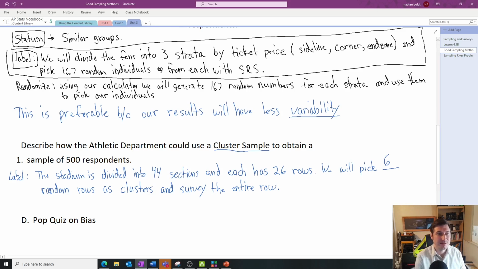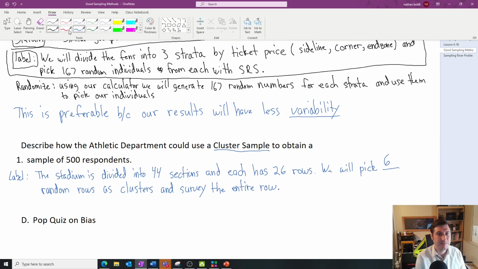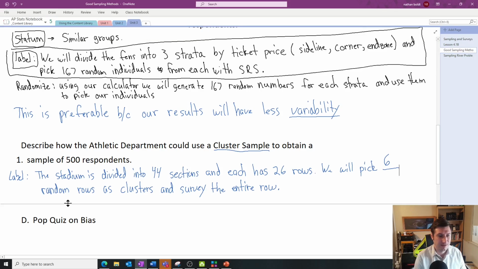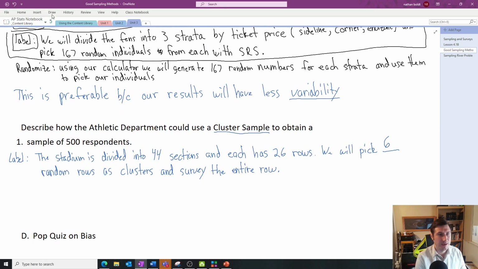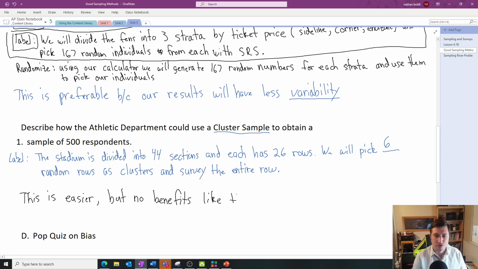The sad part is the cluster does not give you any benefits like the stratified random sample does. So I might make that a note. This is easier, but no benefits like the stratified.